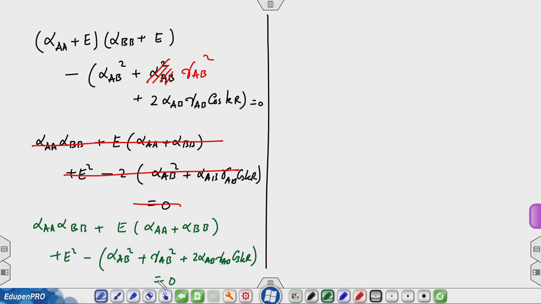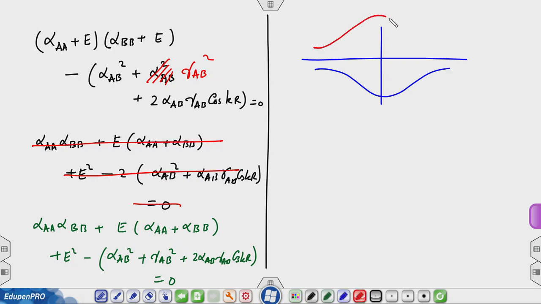So, this is a quadratic equation in E, and you can solve it, and the kind of bands you want to get are now one band like what one obtains in the single atom case. In addition, there is going to be one more band. This is only symbolic. So, 2 bands are obtained with a gap in between, obviously.